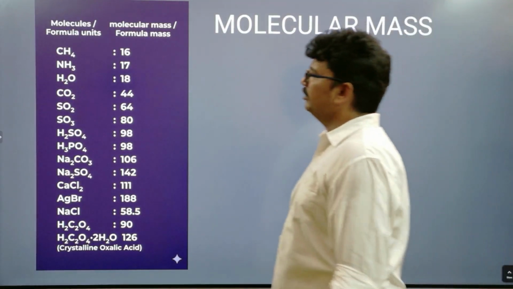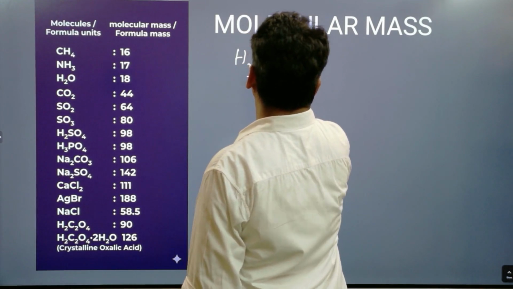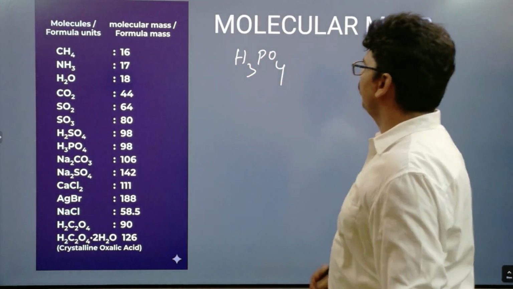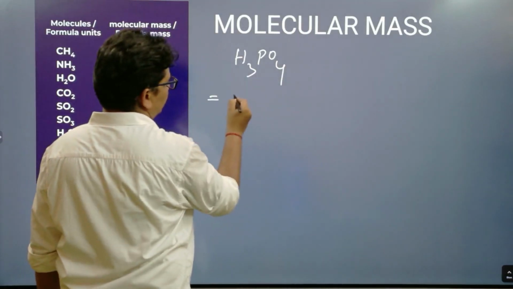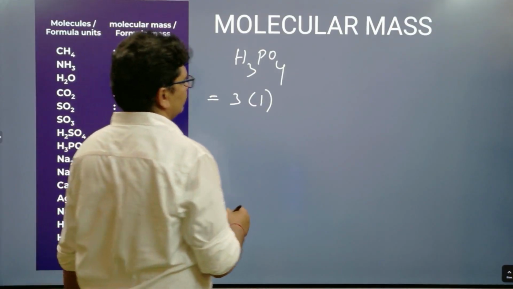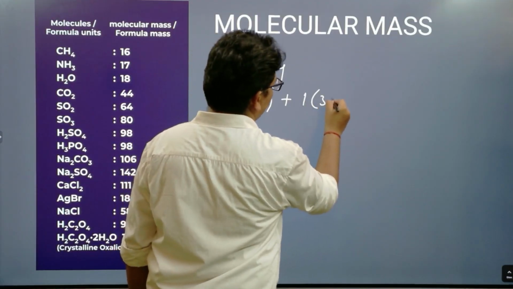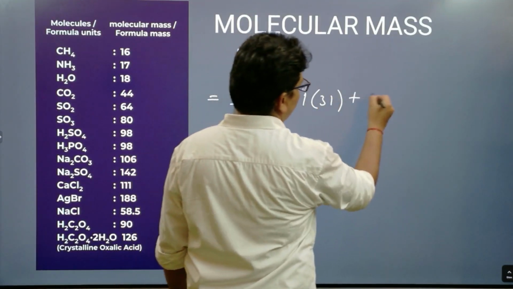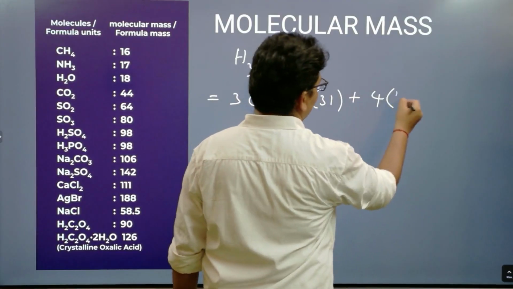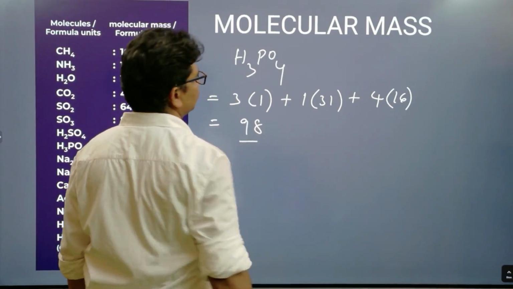Next, how do you calculate molecular mass? I am taking H3PO4. In H3PO4, there are 3 hydrogens. Each hydrogen atomic mass is 1. Phosphorus, 1 atom, atomic mass is 31. And each oxygen atomic mass is 16. If you calculate it, you will get 98.